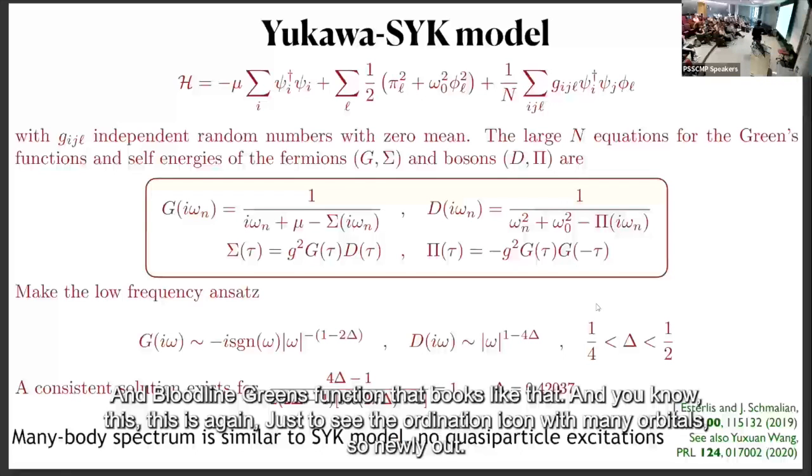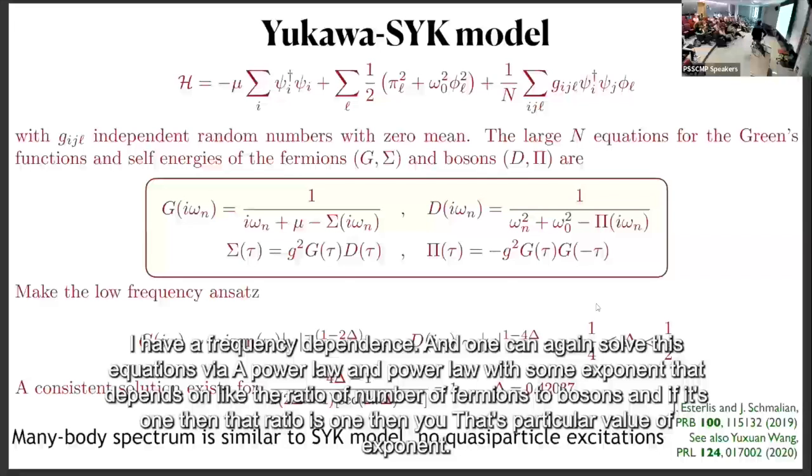And this is again just a 0-dimensional atom with many orbitals, so you only have a frequency dependence, and one can again solve these equations via a power law ansatz, and you get a power law with some exponent that depends on the ratio of the number of fermions to bosons, and if that ratio is 1, then you have this particular value of exponent.